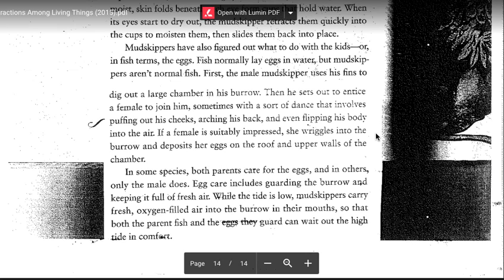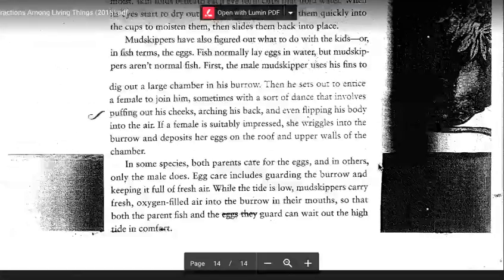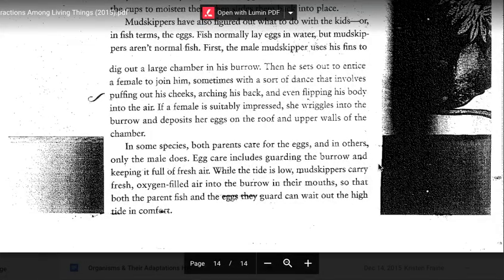If a female is suitably impressed, she wriggles into the burrow and deposits her eggs on the roof and upper walls of the chamber. In some species, both parents care for the eggs, and in others, only the male does. Egg care includes guarding the burrow and keeping it full of fresh air. While the tide is low, mudskippers carry fresh oxygen-filled air into the burrow in their mouths so that both the parent fish and the eggs they guard can wait out the high tide in comfort.